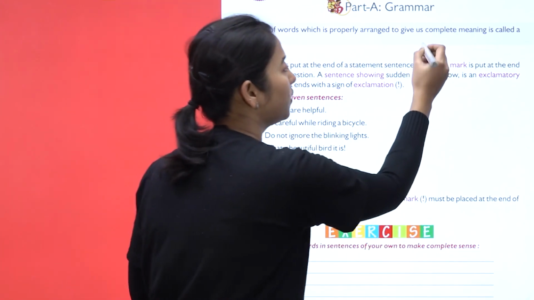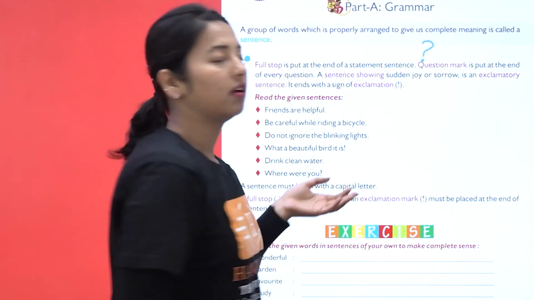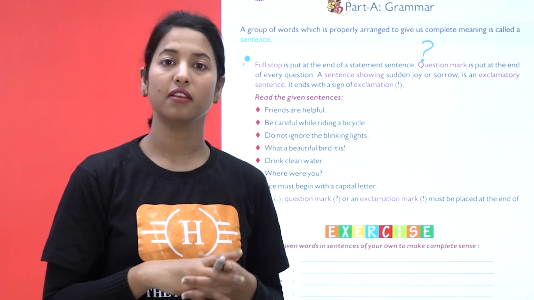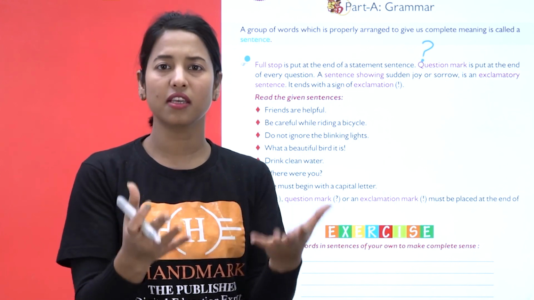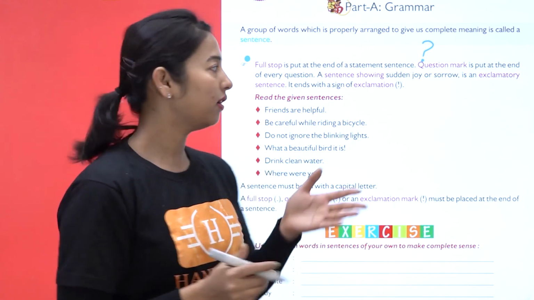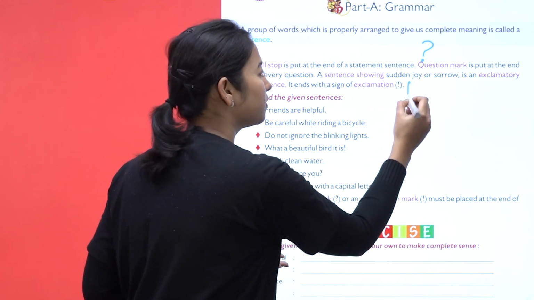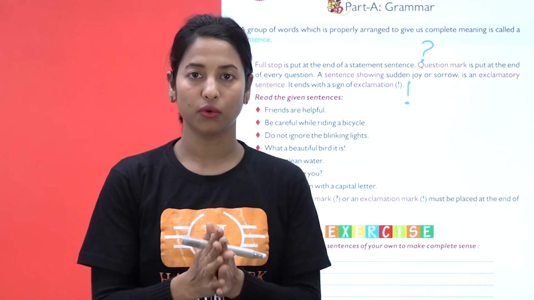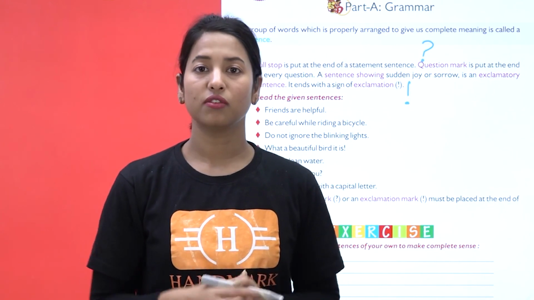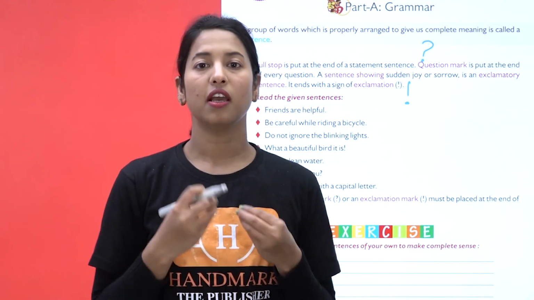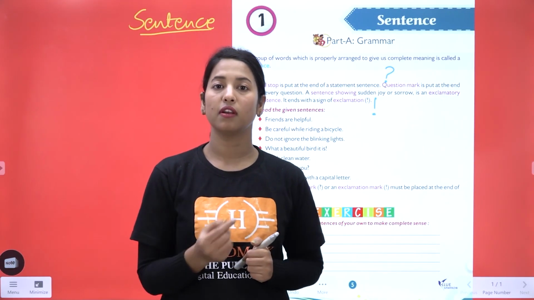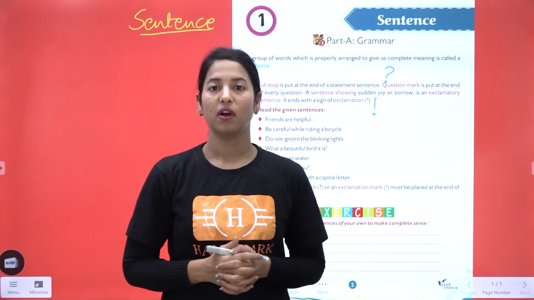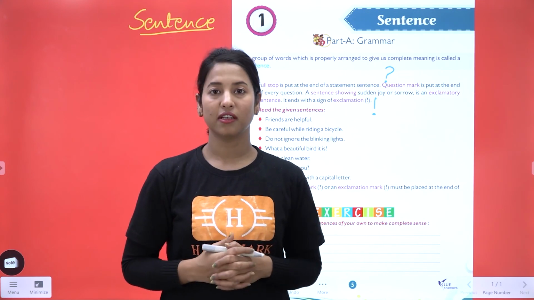Second one was the question mark, that shows that the given sentence is a question, is asking something. Third one was the exclamation mark, and exclamatory sentences show sudden expressions of fear, anger, joy, etc. So now I hope you learned all these sentences.